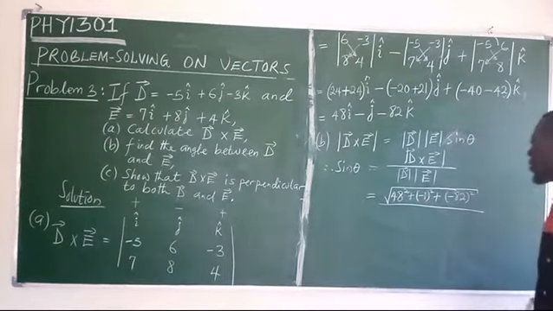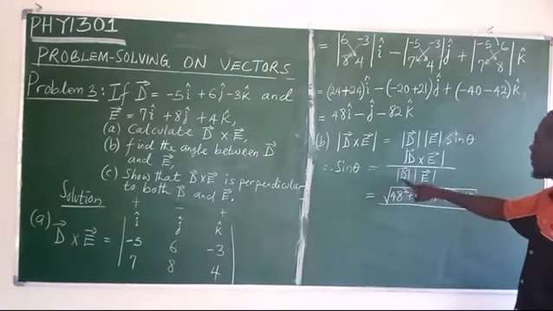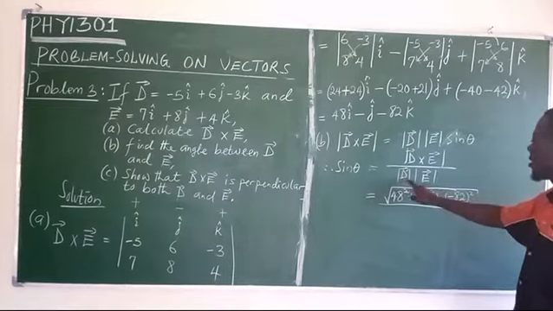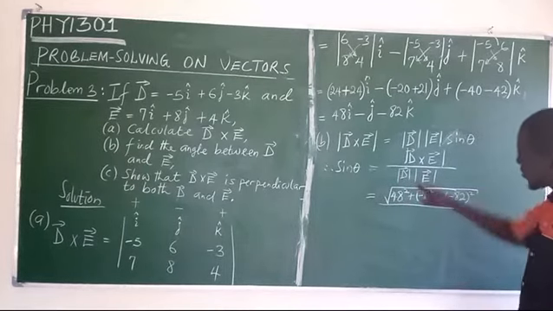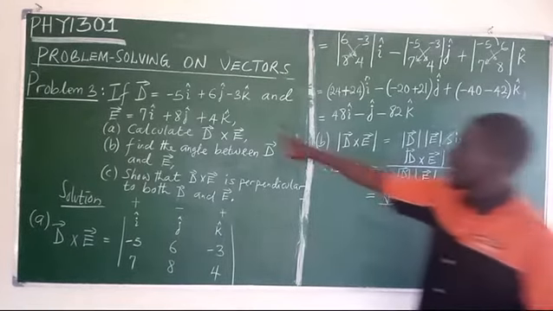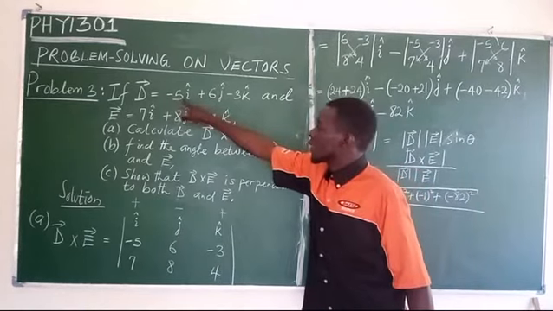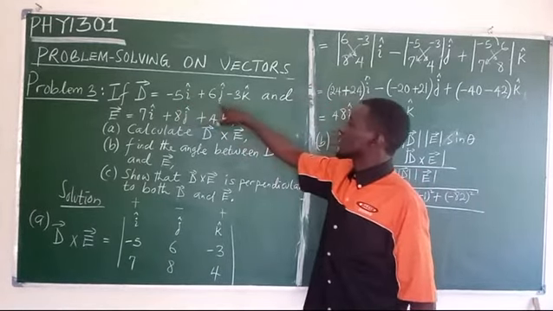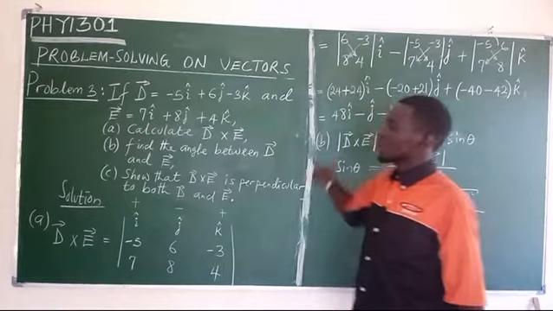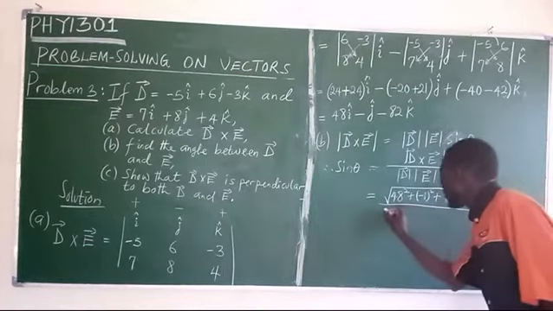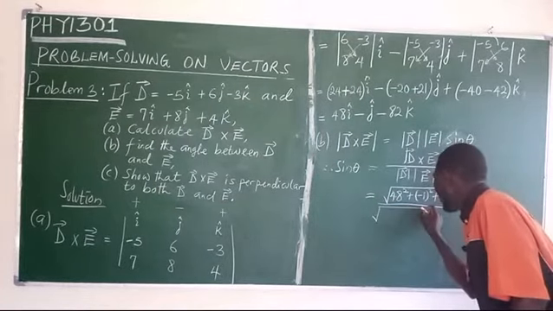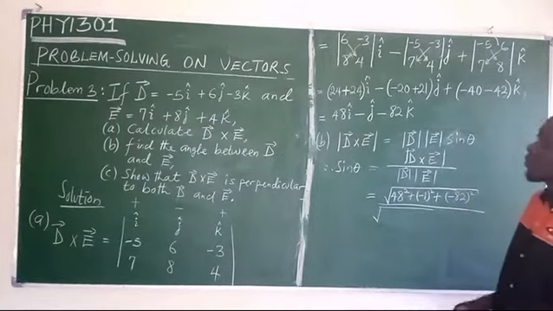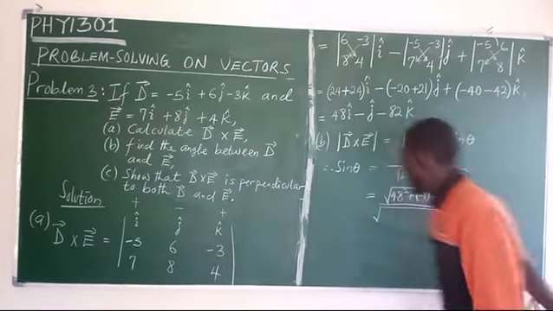Divided by, how do I get the magnitude of D? Look at my D here. So I will take the coefficient of I, the coefficient of J hat, the coefficient of K hat. So this will be square root of the coefficient of I hat, as we can see, is -5.